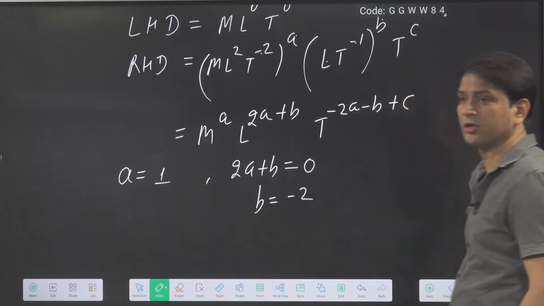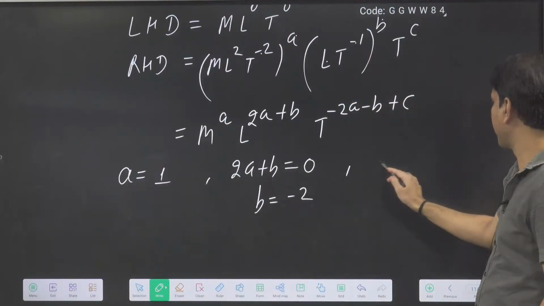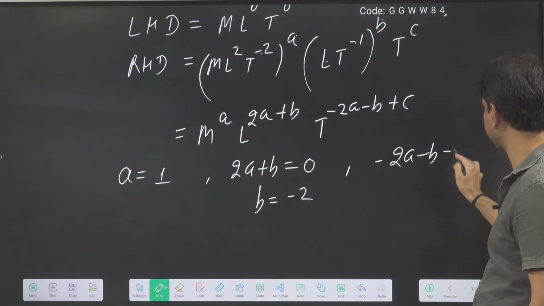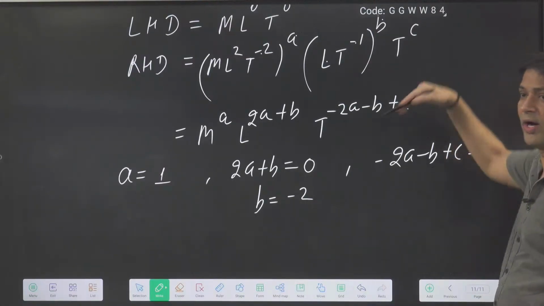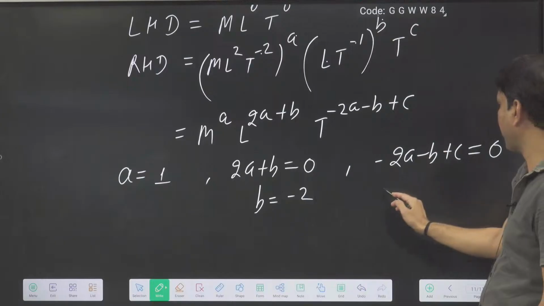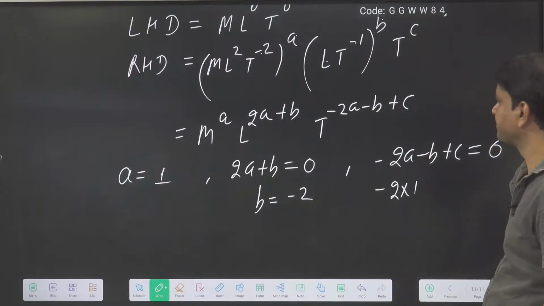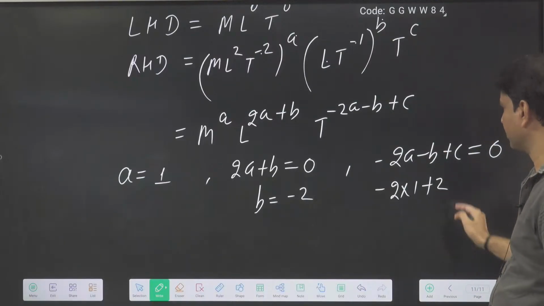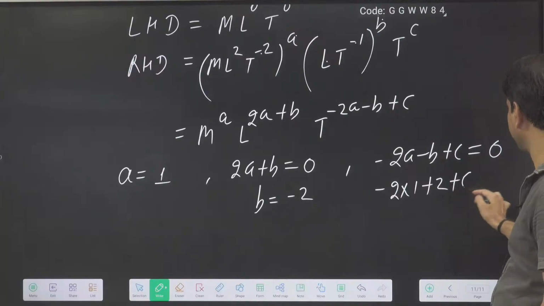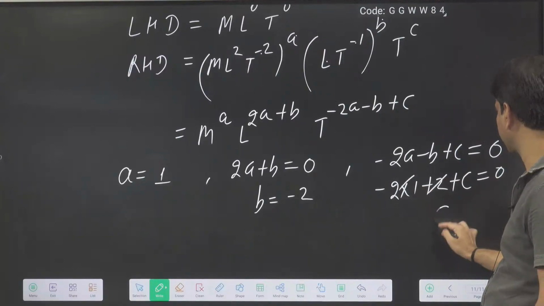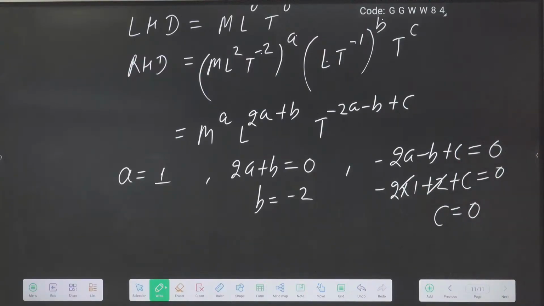Third, minus 2A minus B plus C is equal to 0, because on the left hand side the time power is 0. Minus 2 into 1, minus B means plus 2, plus C is equal to 0. 2 minus 2 cancels out, C is 0. It means T to the power 0.